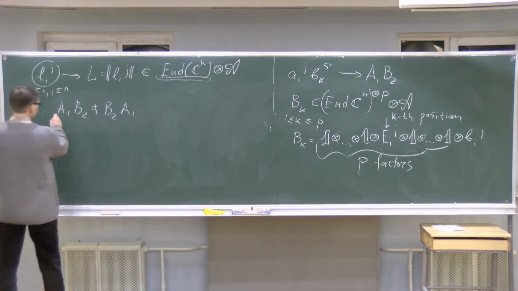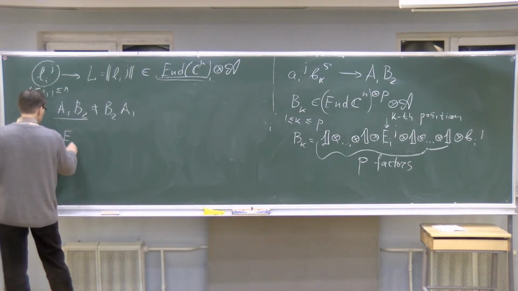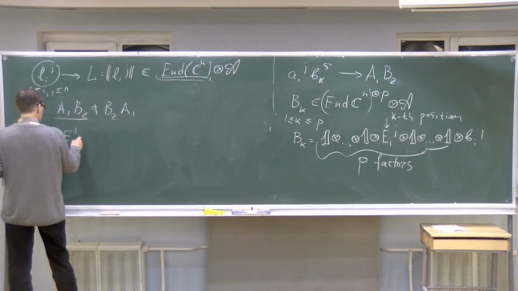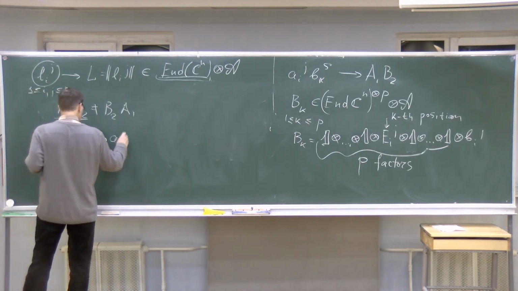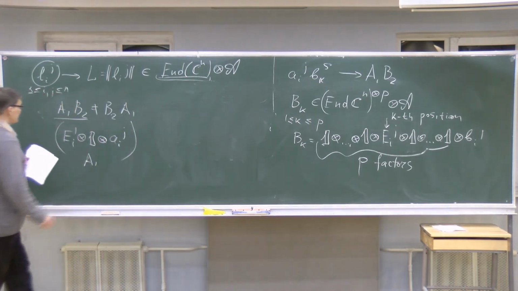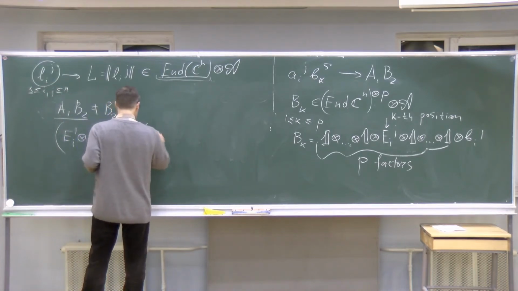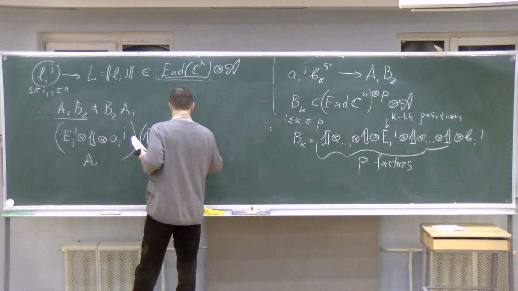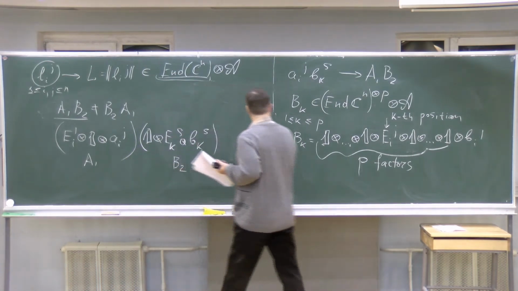Indeed, if I calculate this object, I can see that this is the sum of e_ij tensor 1, over A_ij. This is A_1, and then 1 tensor e_ks B_ks. This is B_2 according to my definition.